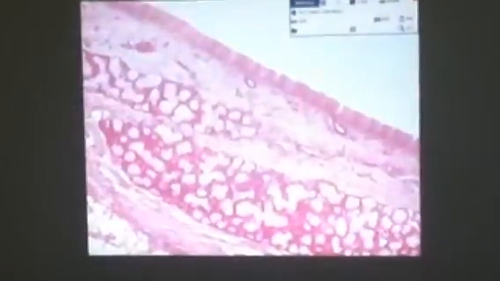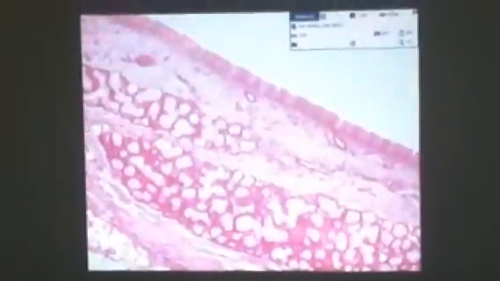So, the epithelium, and then the tissue immediately underneath the epithelium is specifically called the lamina propria. So, present in the lamina propria of the larynx are those glands. They are actually called seromucous glands because there are two types of acini present.